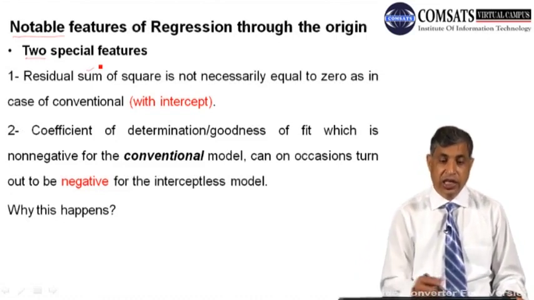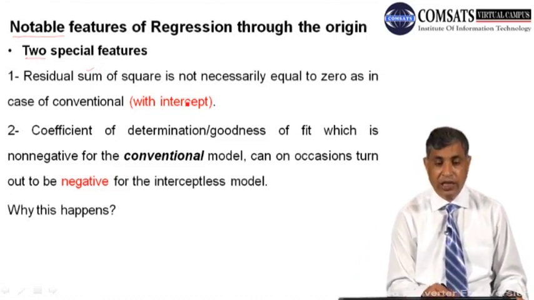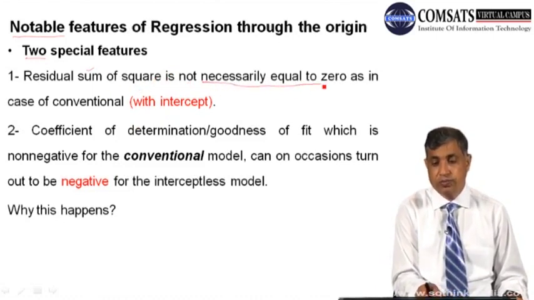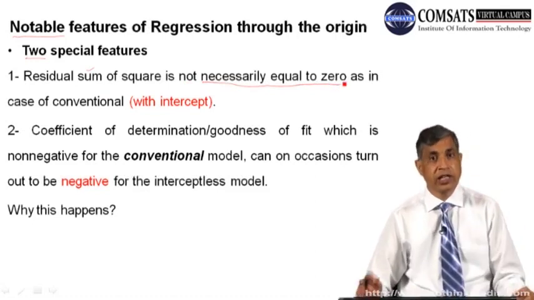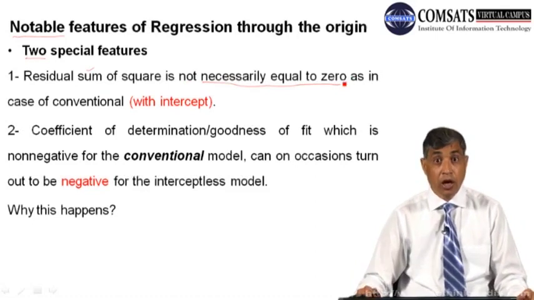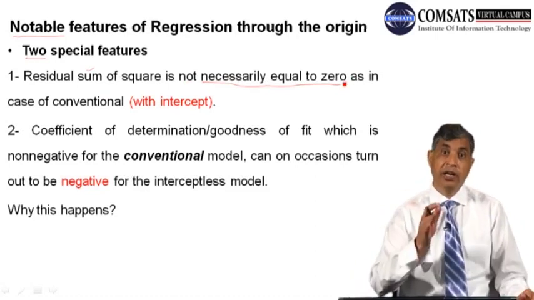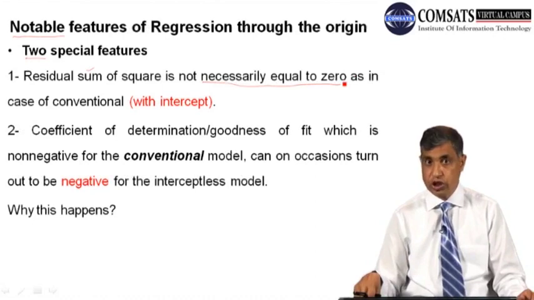But now look at the regression through the origin: the residual sum of square is not necessarily equal to 0. This is important. Our big claim that we used to make in the previous assumptions is being hammered by this regression through the origin.